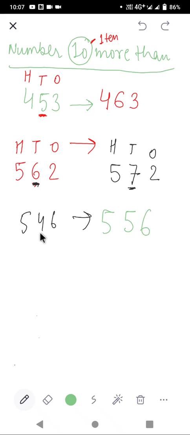So what will change? Only the tens place digit. Look, the hundreds place digit is the same, 5, and the ones place digit is also the same, only the tens place digit will change. So 4 plus 1 is equal to 5. That's why 10 more than 546 is 556.